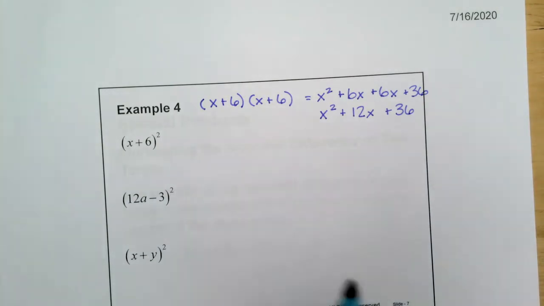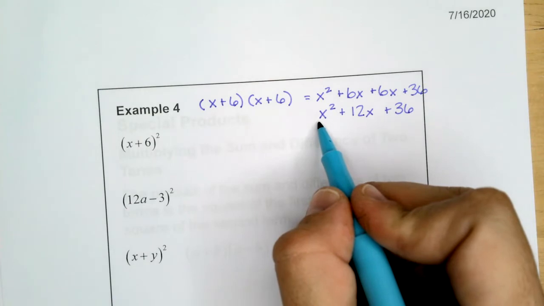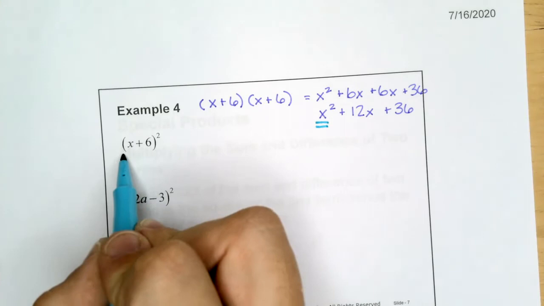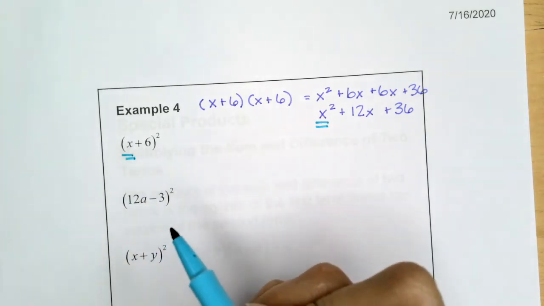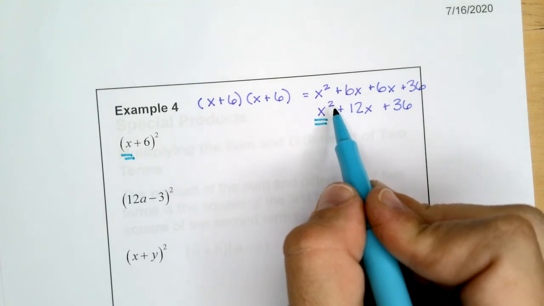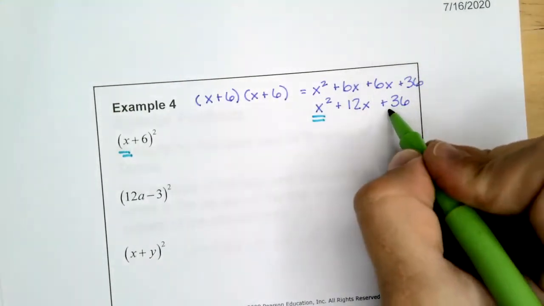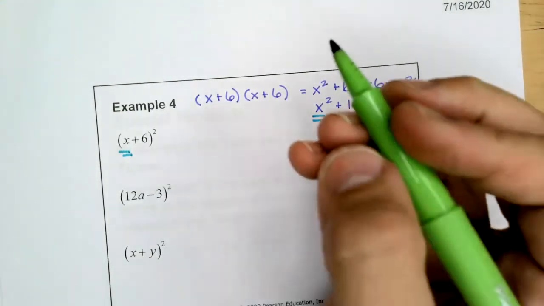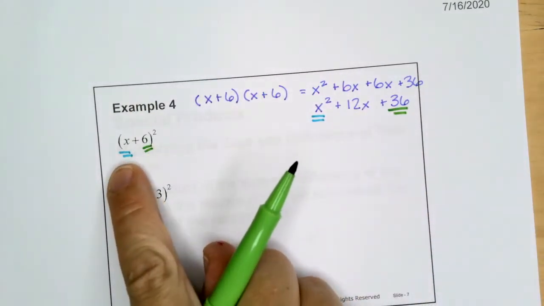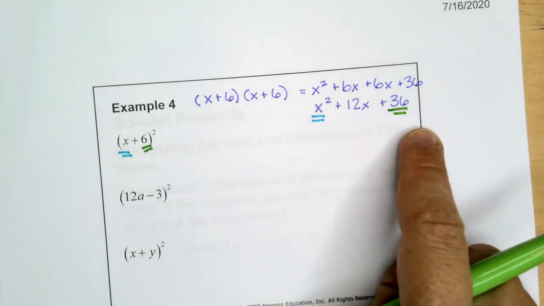So when we say the first term of the answer is the first term of the binomial squared, okay. The last term, 36, is the last term of the binomial squared. So x squared is x squared, 6 squared is 36, right?